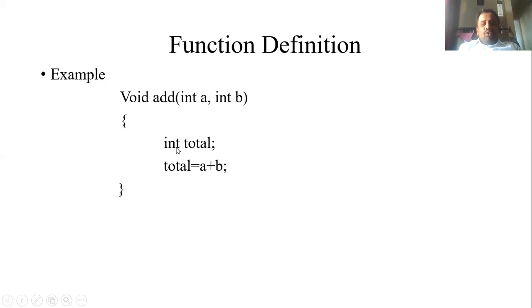Total is a local variable. Total is equal to a plus b. This is an executable statement. If you want to print the total, you can print it over here. If I want to return total, just remove void and put int, then mention return total, and that total value will be returned to where the function is called. Like this, that's a function definition.